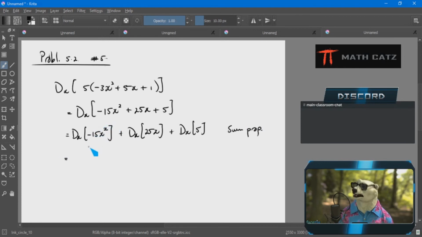I could do multiple ones here. I could say negative 30x. What property or properties did I use? I used multiple properties in doing that. First property that I used was what?